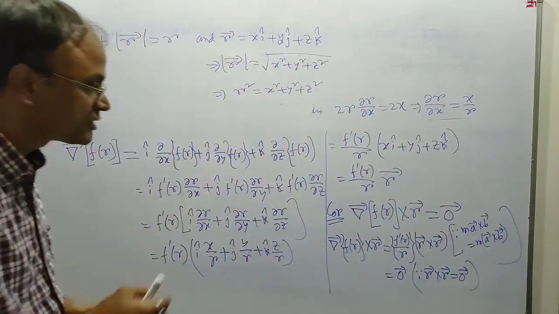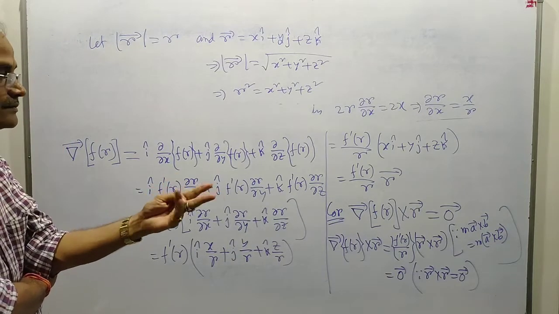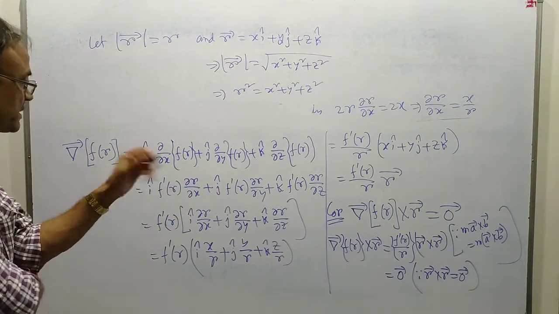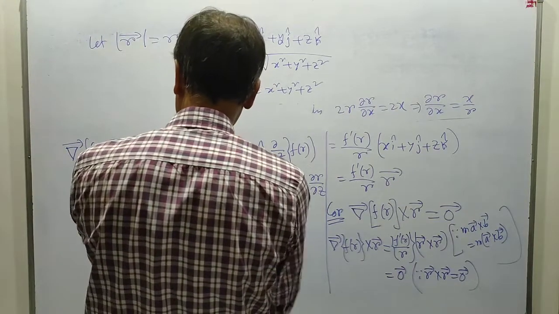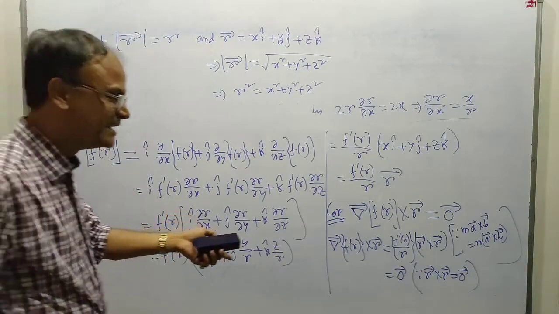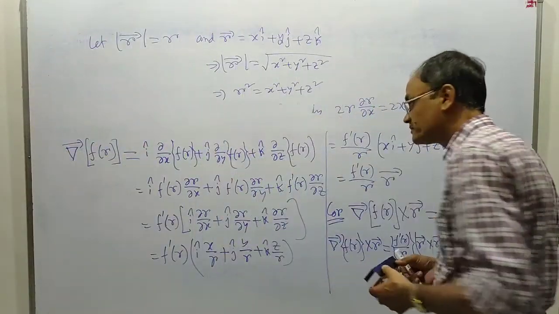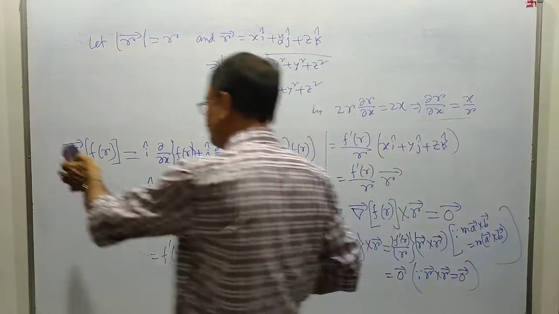Therefore, R vector cross R vector will be equal to 0 vector. Very easy. Perhaps you have understood this.